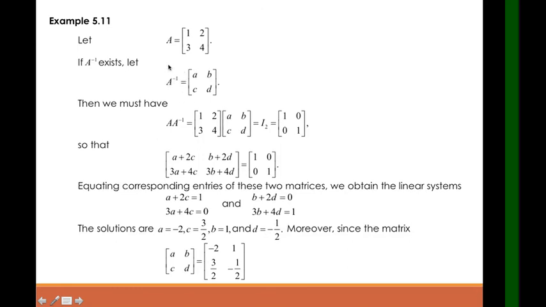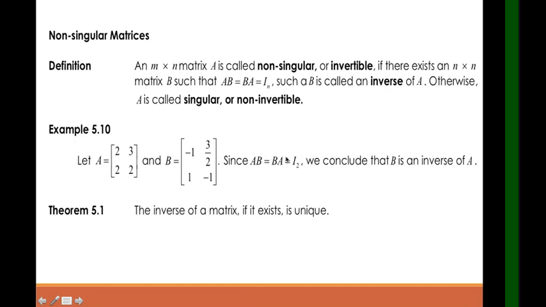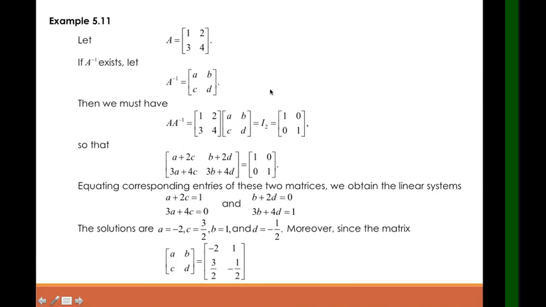So we have A and inverse of A, which is B. And then, i-multiply lang natin. And then, these numbers are equal to I sub 2. Yan yung sinasabi ng definition. And then, i-distribute lang natin. Parang distribution yung mga numbers na yan. So, ito yung magiging itsura niya.